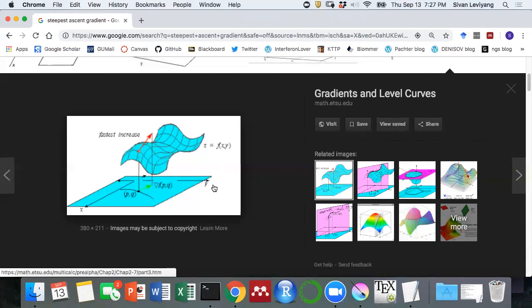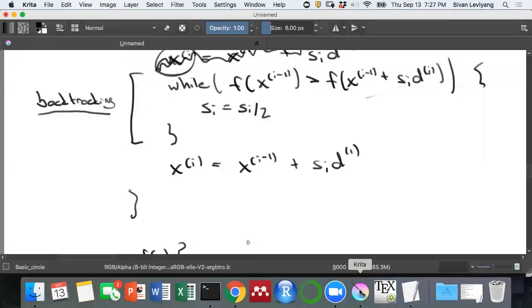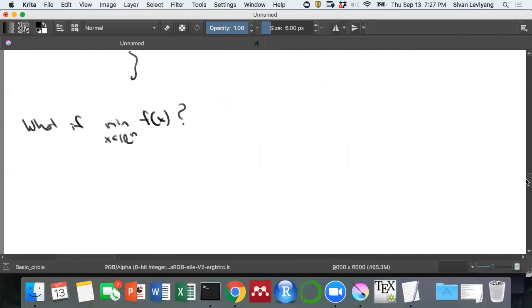So if you're maximizing, you walk in the positive gradient direction. If you're minimizing, you walk in the negative. Then everything is the same, but you choose your direction equal to the negative gradient of f of x_i.